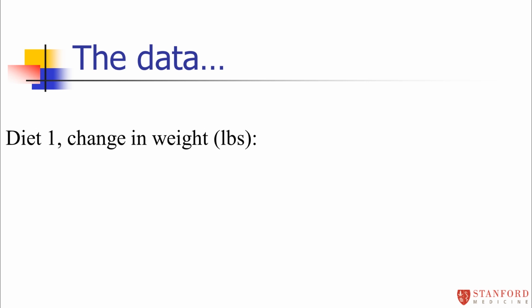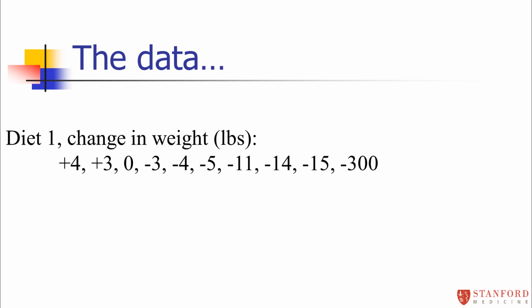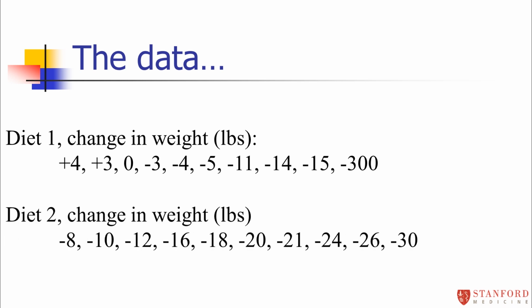Now let's look at the raw data. Here's diet 1. We can actually look at the numbers because there's only 10 people on each diet. Here's the change in weight in pounds. So for example, one person gained 4 pounds, one person lost 300 pounds. That's for diet 1. For diet 2, here are the changes in weights. You'll notice that if you look at the raw data, there's a much more consistent weight loss in diet 2.